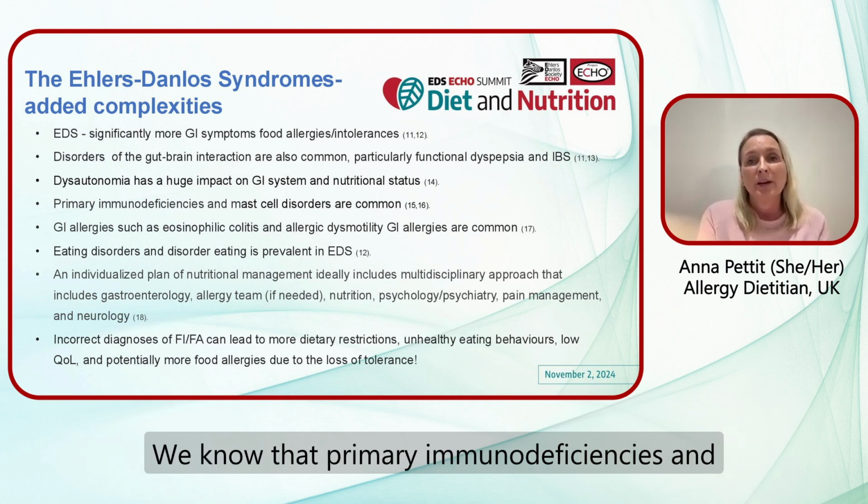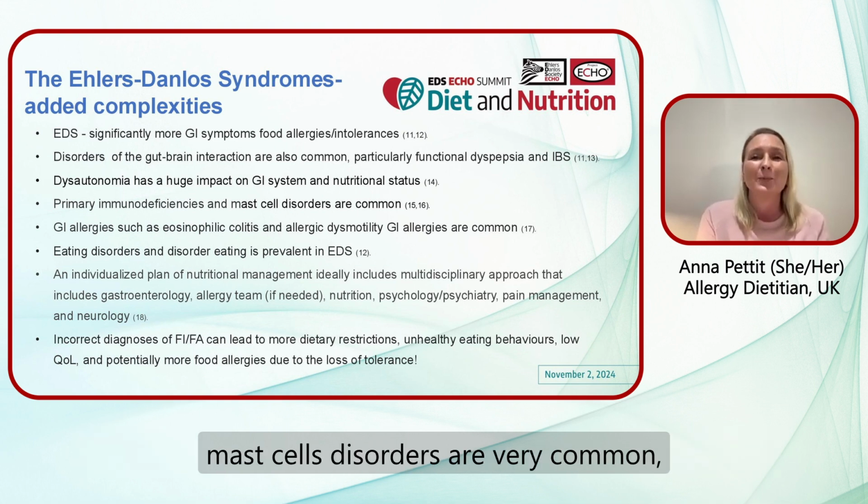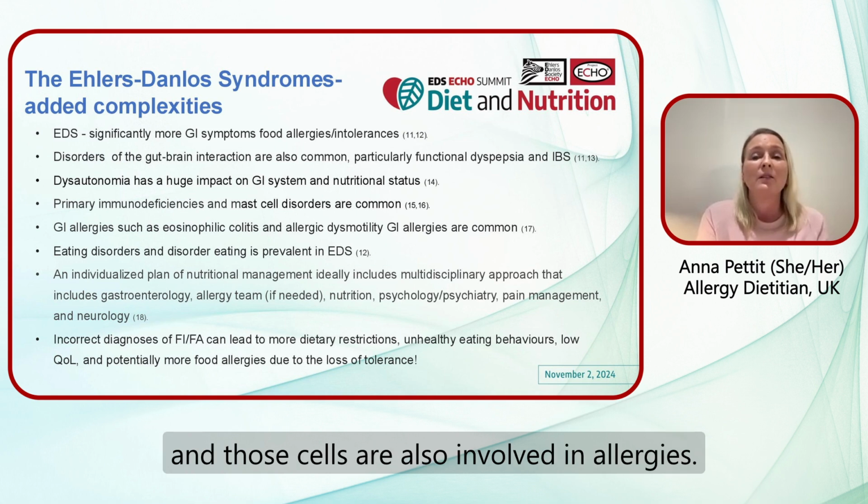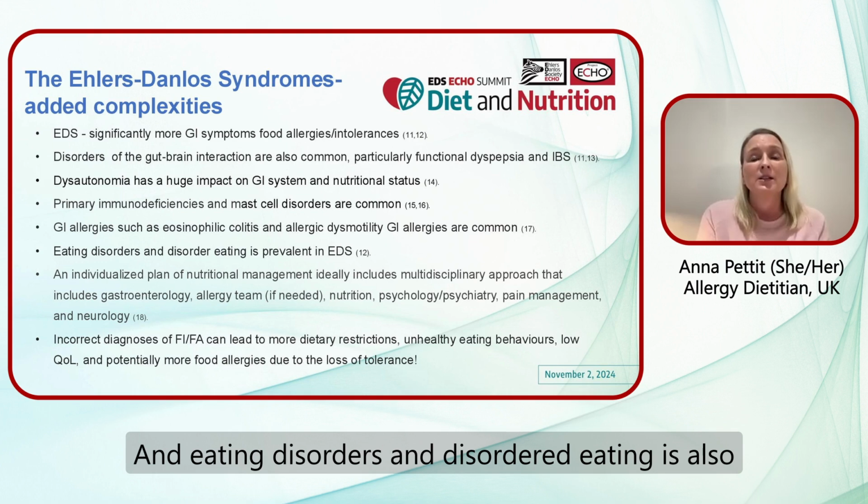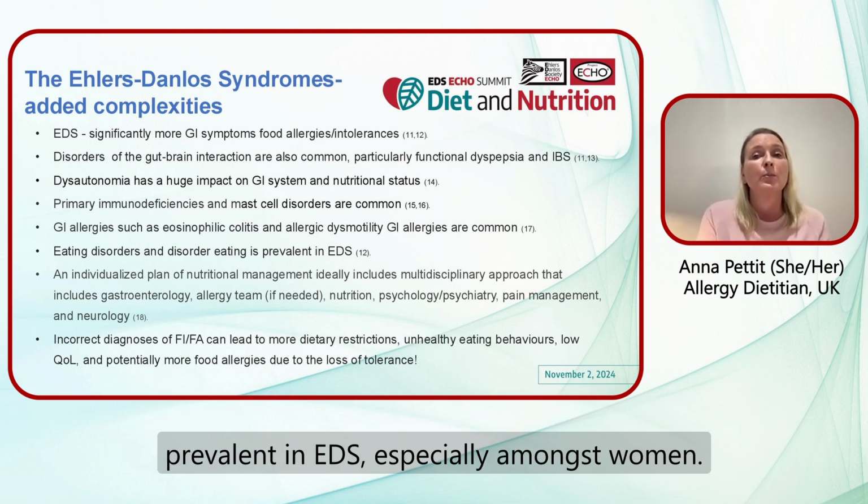We know that primary immunodeficiencies and mast cell disorders are very common, and those cells are also involved in allergies. And eating disorders and disordered eating are also prevalent in EDS, especially amongst women.